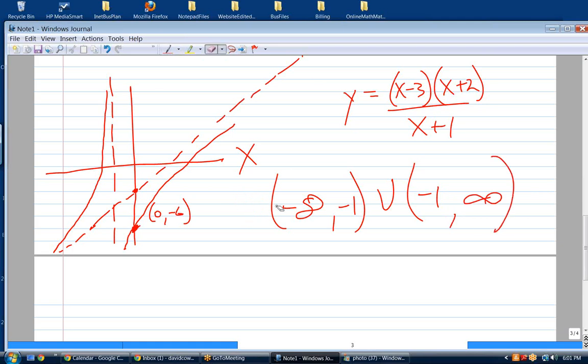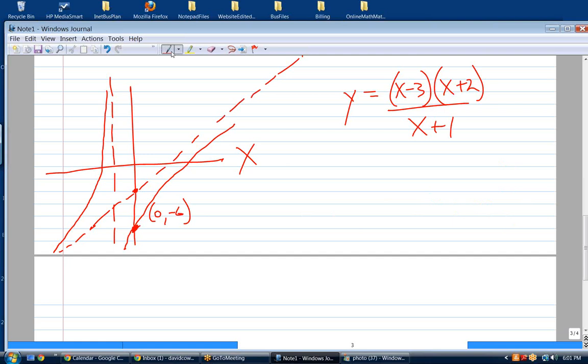Range is what? Would have been negative infinity to... to negative 3? No. Range is negative y... 6? When you're thinking of range, just pay attention to the y values.